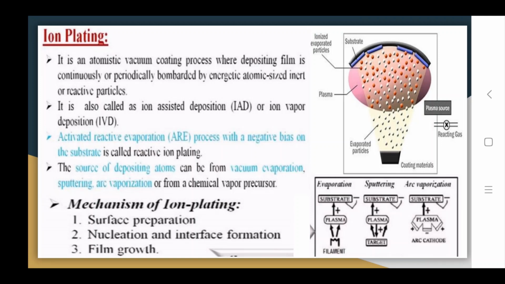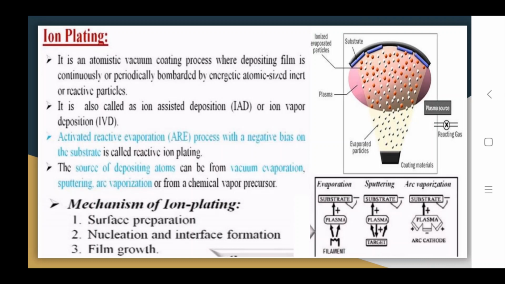The first, as I have shown in the figure, is surface preparation, then nucleation and interface formation, and then film growth. Here is the source of depositing atoms. First, in the evaporation technique, you have the substrate and a filament, and the material is deposited directly onto the substrate by heat.